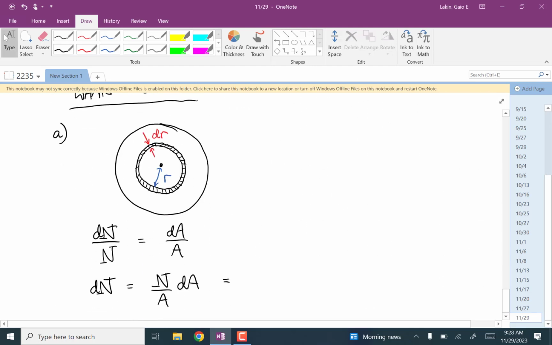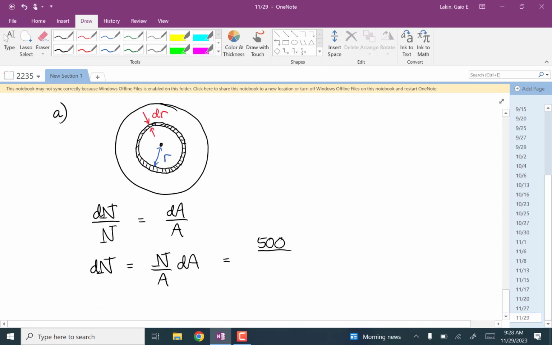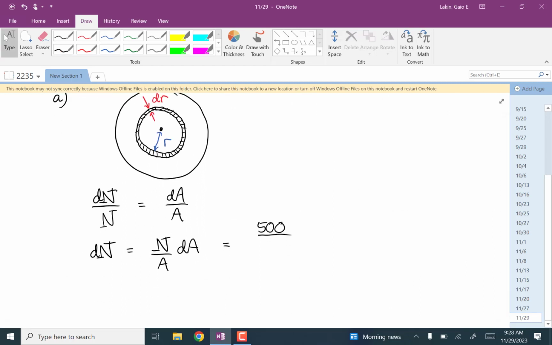N is 500. The area of this whole thing is pi times 0.02 squared.